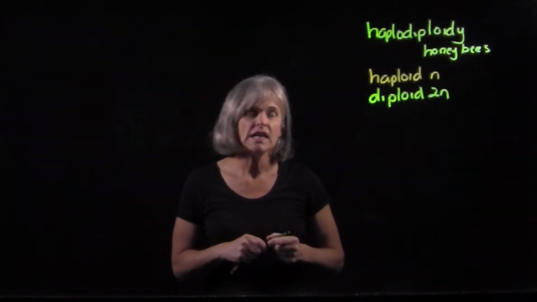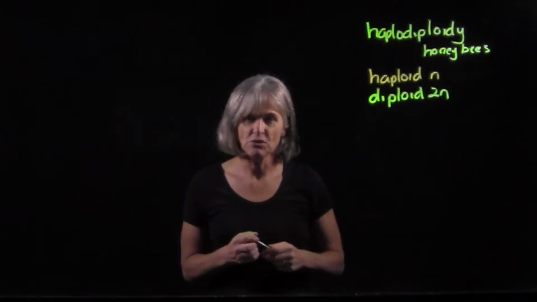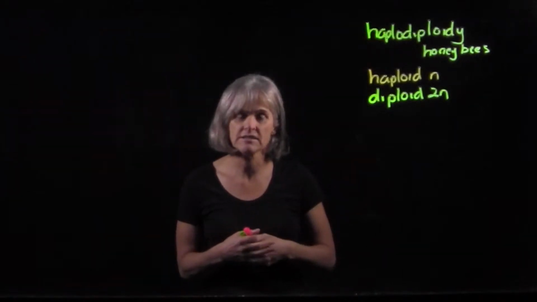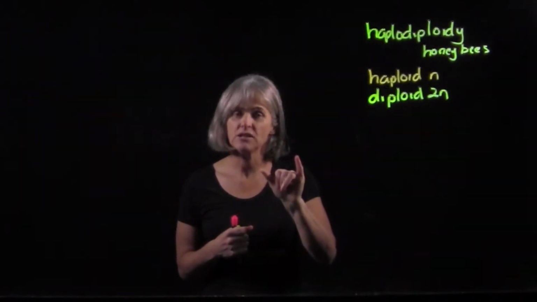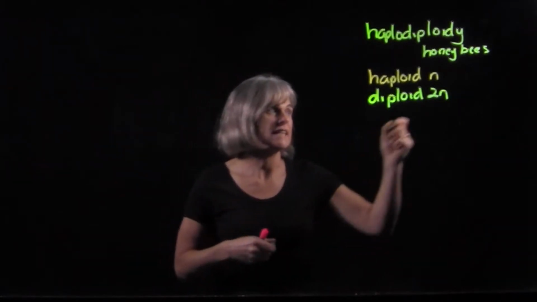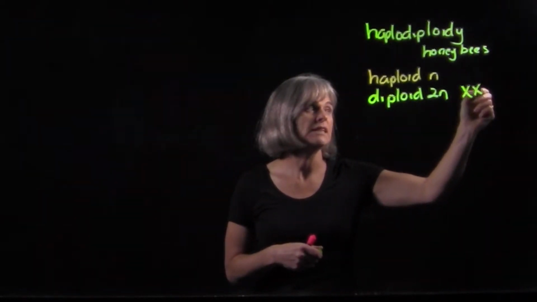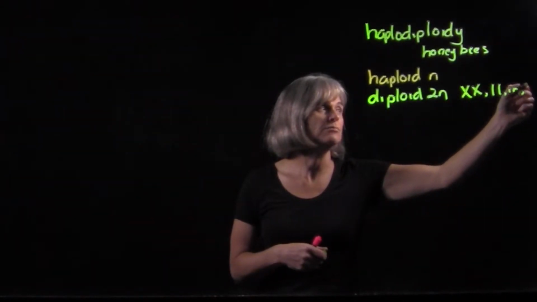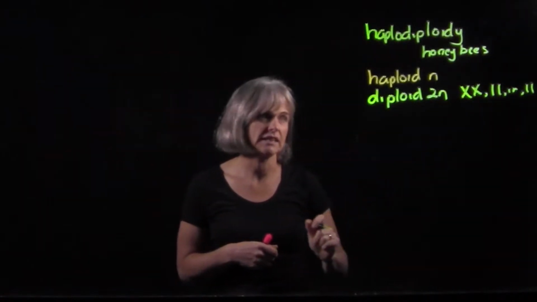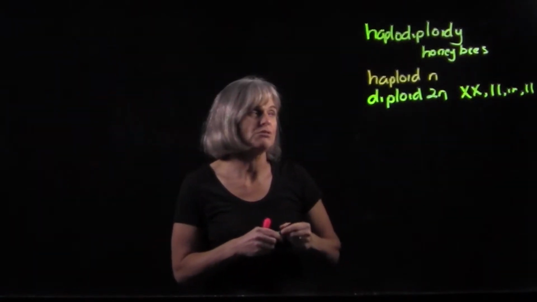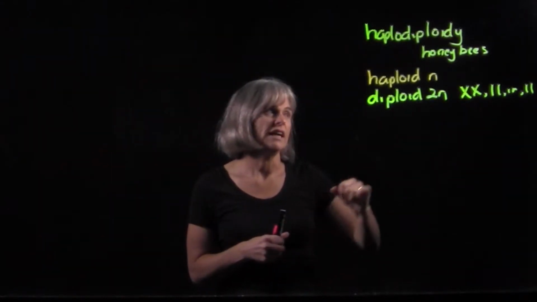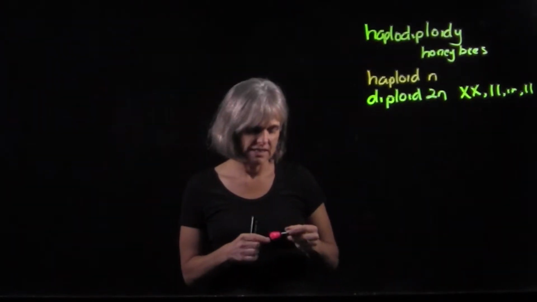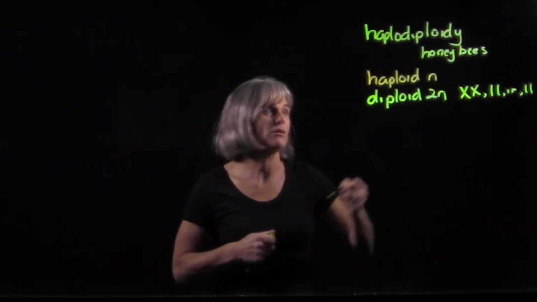If you recall, I described in a previous video how chromosomes in, for example, humans come in pairs, and an individual who has two copies of each chromosome, let's say a genetic female, we would expect to have two of each chromosome looking something like this. A haploid refers to a situation where living cells have only one copy of each chromosome. And if you recall, in sperm and eggs, that's how it works.